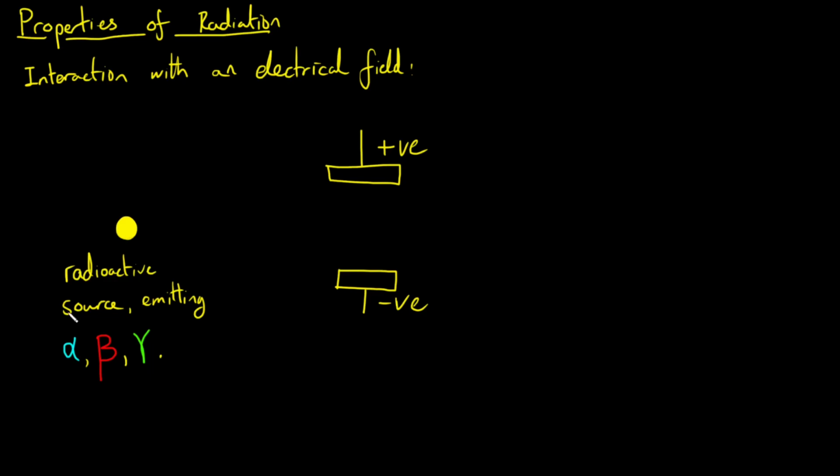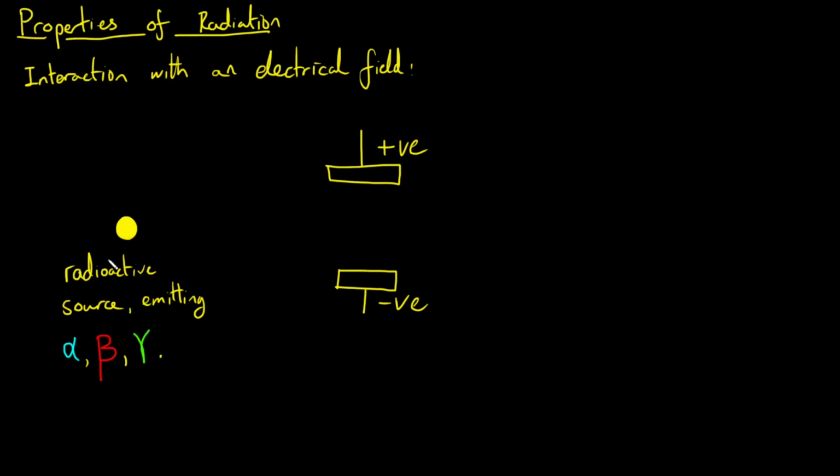And then our gamma radiation is a wave, it's not a particle, and that's really the end of the story for gamma. All of these sources of radioactivity are all emitted from the nucleus of a radioactive element.